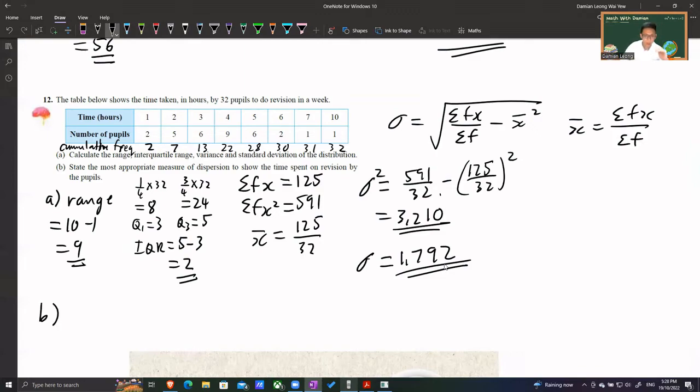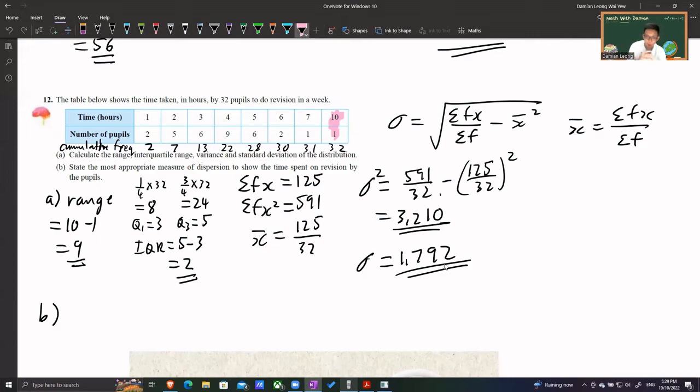So for part B, I want the most appropriate measure of dispersion to show the time spent on revision by the pupils. You see here 1, 2, 3, 4, 5, 6, 7. Suddenly there's a 10 here. So it skipped until the 10, which means there is an outlier, an extreme value.